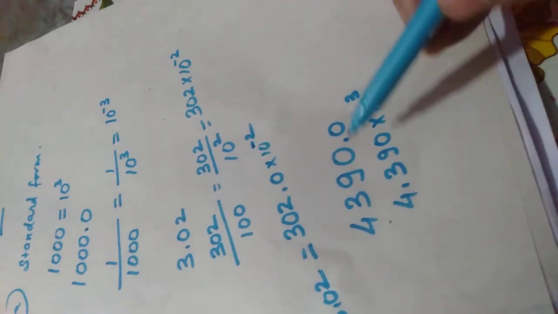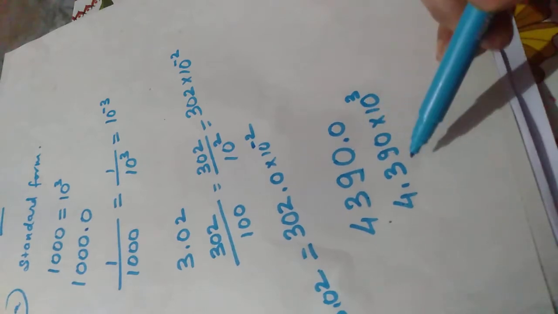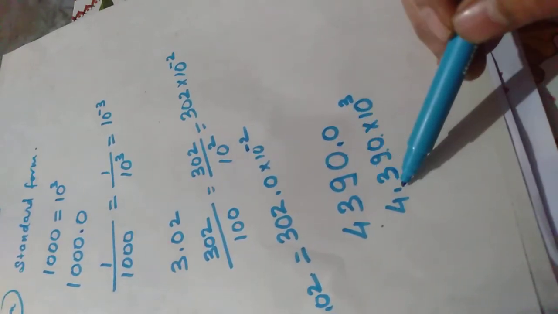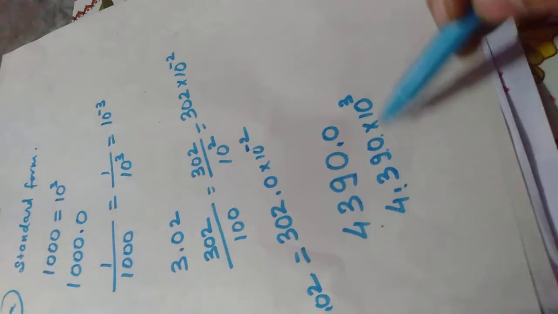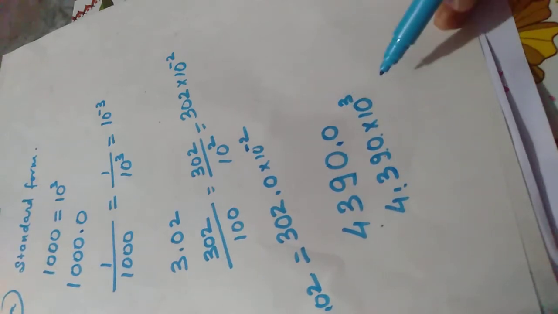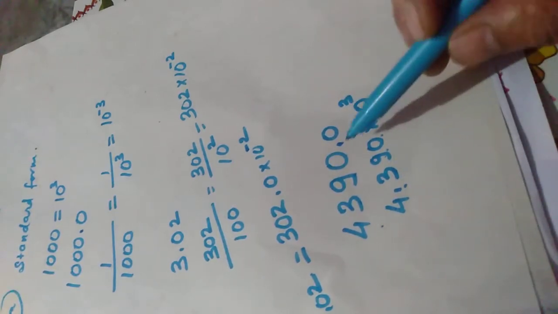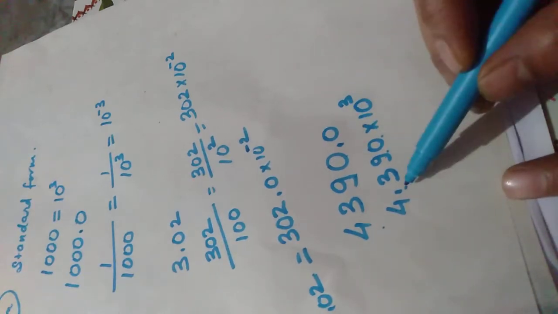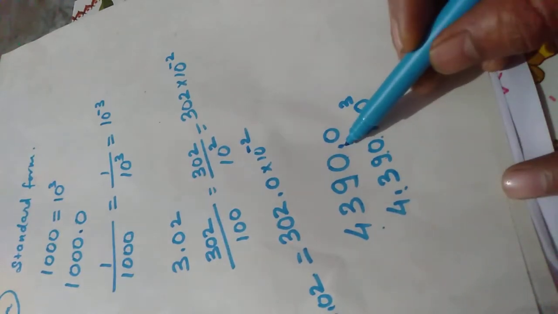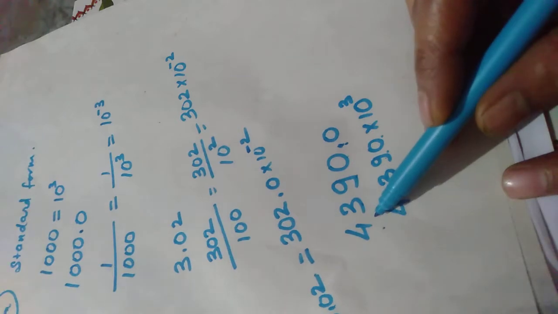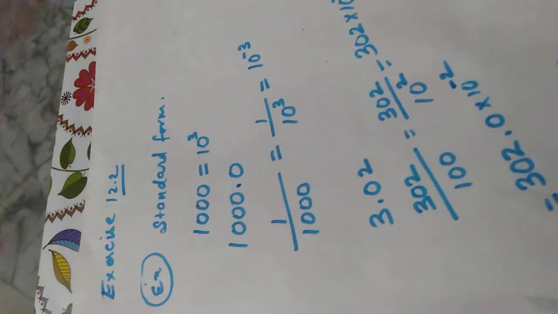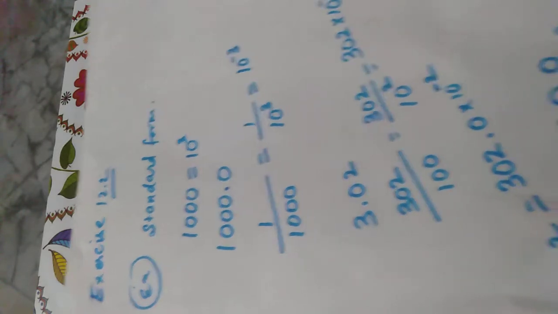Now just see that 1, 2, 3, 1, 2, 3. The decimal point is shifted towards the left and is written in the form of positive power, so that when it is multiplied, we get this number. So when the power is positive, we are shifting the decimal point from right to left, while in the negative power, we are shifting the decimal point from left to right.